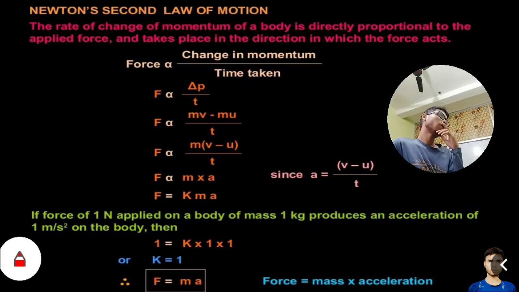In the case of momentum, we said momentum is equal to mass multiplied by velocity; here it is acceleration. F is equal to ma, and it takes place in the direction in which the force acts. From this law of motion, you can calculate how much force is being applied on an object.